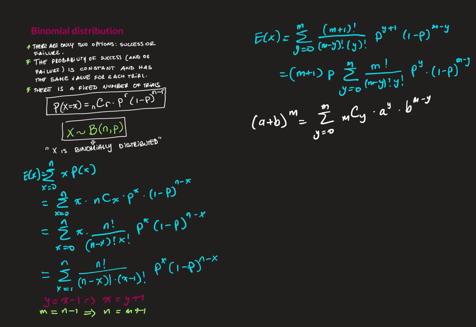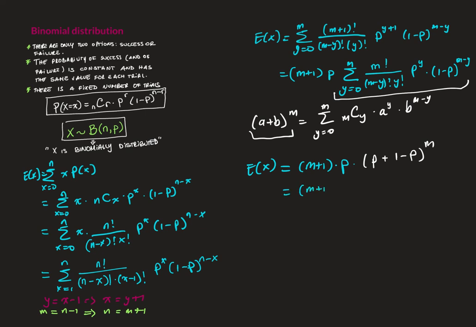So if we think of this as a binomial expansion, we can substitute this sum with this binomial. So the expected value of x would be m plus 1 times p times the binomial p plus 1 minus p to the power of m. Now we can see that this is going to simplify to m plus 1 times p because p minus p cancels. 1 to the power of m is 1.